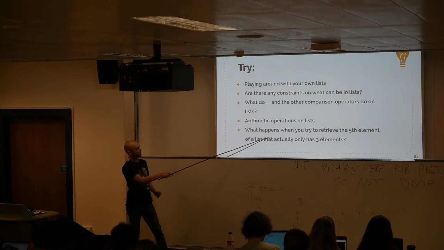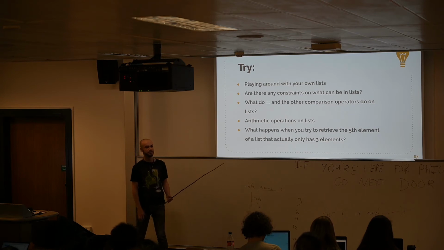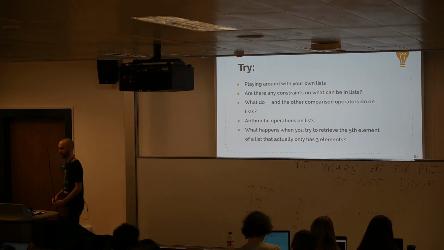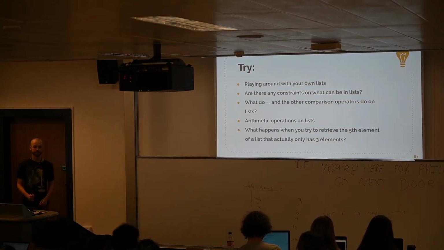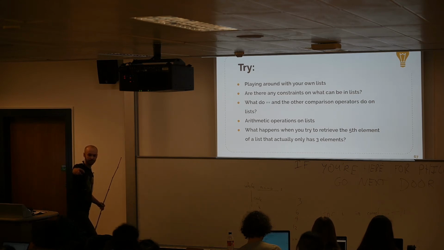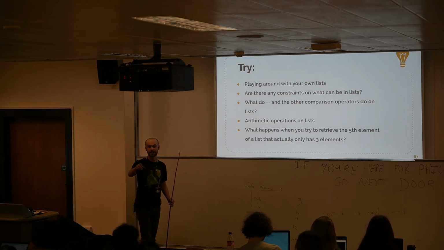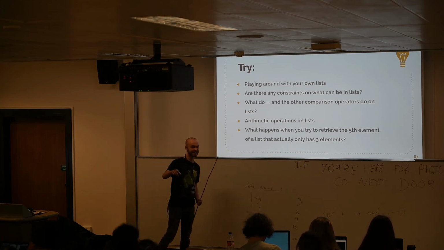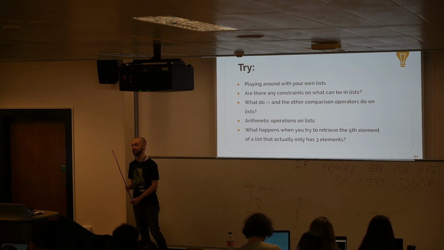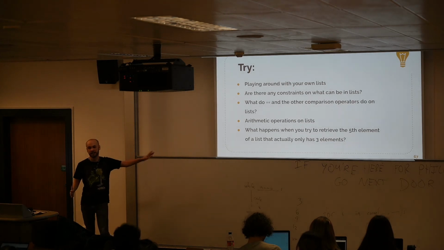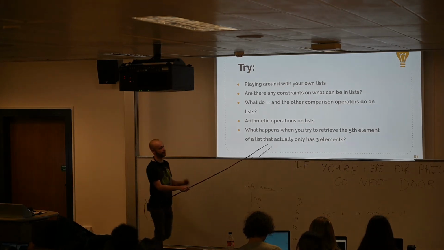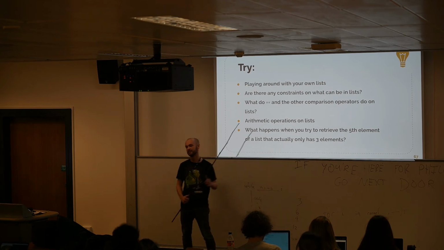What do we think happens if we do this? What happens if we try and retrieve the 5th element of a list that's only got 3 things in it? Error. Is that what you were going to say? Maybe we get the second. That's actually a really good guess. There are data structures in Python and other languages that do exactly that. So if you try and get the fifth, it'll loop round to the second.